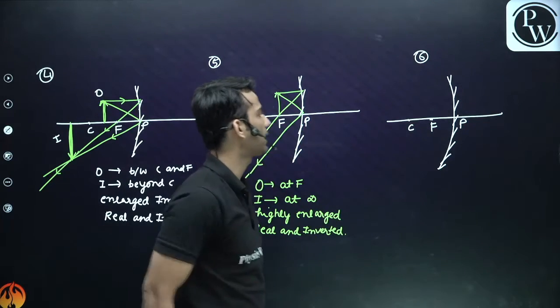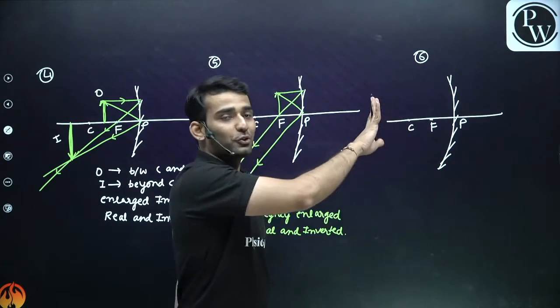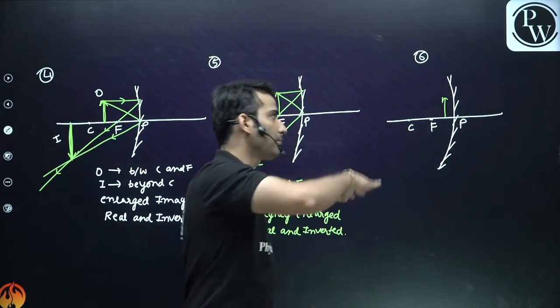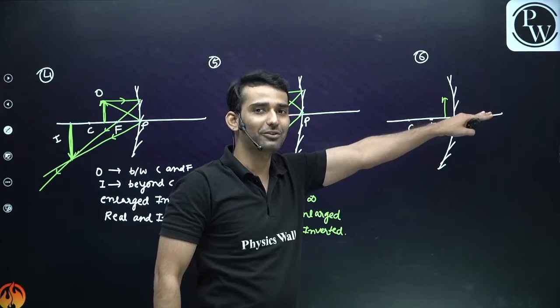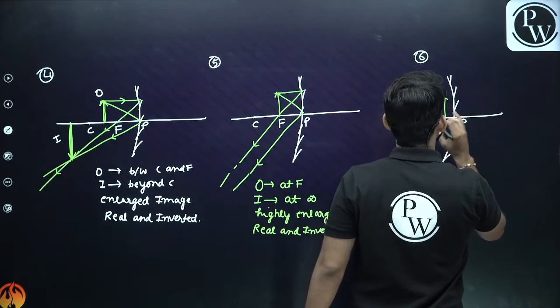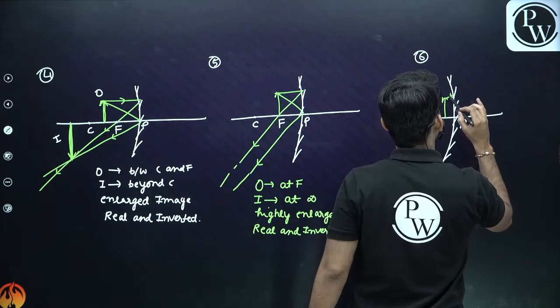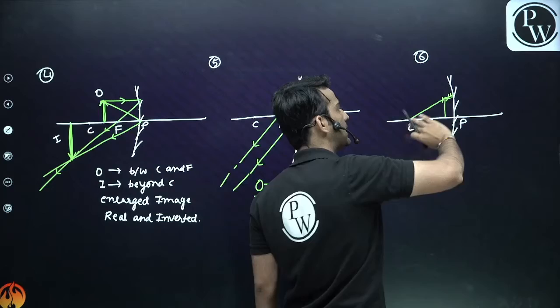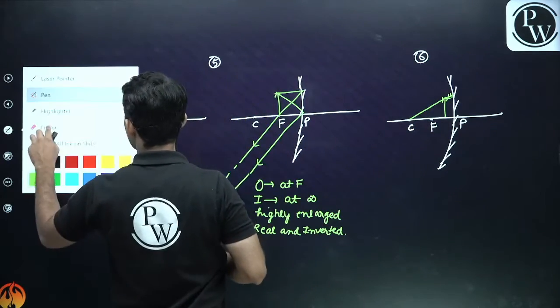Clear? Okay, now more closer to the mirror. Again, this is the last case. You cannot keep the object beyond, after this, obviously. So between P and F, what will happen guys? First, let me take a ray normal to the mirror like this. So it appears to pass through C. Let me redraw this again.